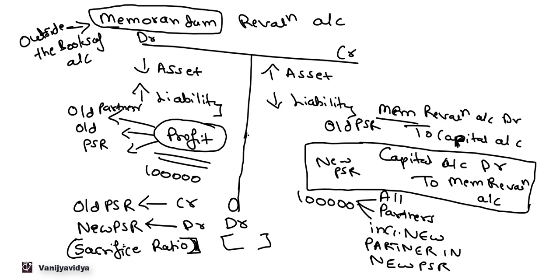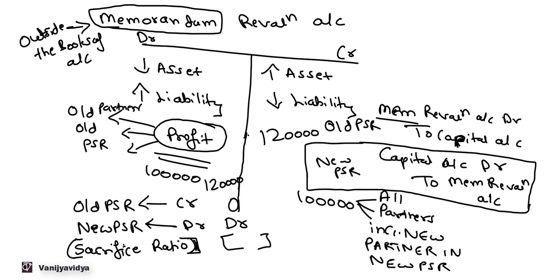Now say there was a loss on the revaluation. Again, that loss will be distributed to the old partners in their old profit sharing ratio by passing the entry as capital account debit to memorandum revaluation account, and then this loss will be reversed. That is, if there was a loss of 1,20,000, it will be reversed, so it will become like a profit. So your memorandum revaluation account will be debited.